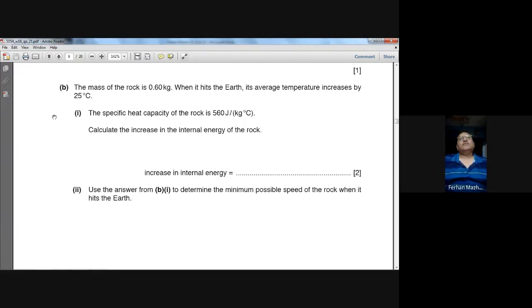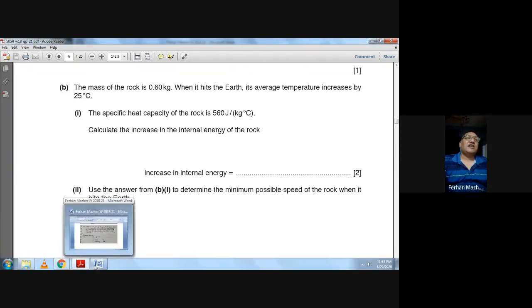You know, the energy or heat is equal to mc delta theta, where m is the mass, c is the specific heat capacity of the rock, and delta theta is the change in the temperature. So we can calculate the increase in the internal energy.